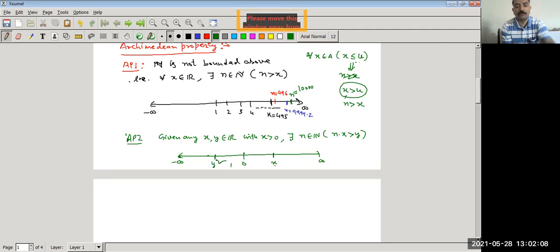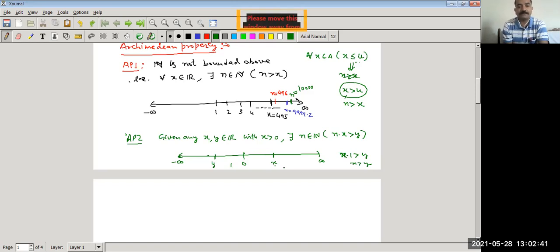All the positive numbers are greater than negative numbers. So here we are able to find the natural number n equal to 1. Then the natural number 1 satisfies the condition that n times x is greater than y. That is, 1 times x is greater than y. So you can easily observe that the set of all positive numbers is greater than negative numbers.